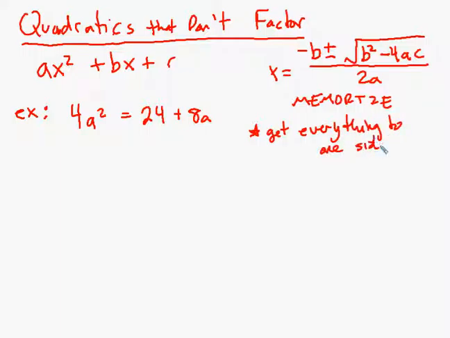So basically, if you see an equal sign with a number on the other side, you know that is not right. And we also need to get everything in the right order. That's why it was important earlier to get things in order. So I'm subtracting the 8a and I'm subtracting the 24. You can think of it like this: switch sides, switch signs.